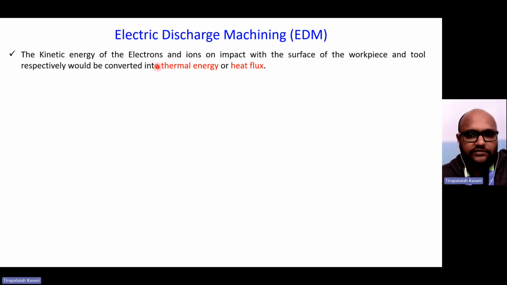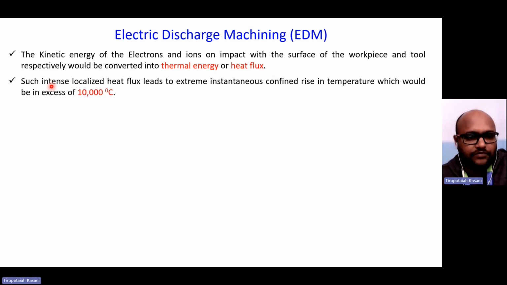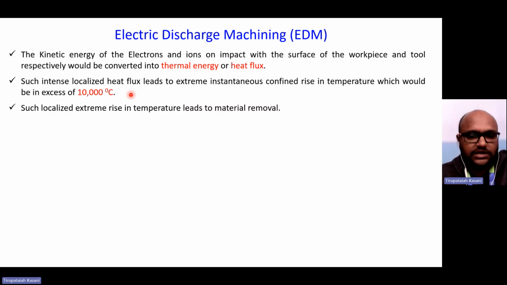The kinetic energy of the electrons and ions on impact with the surface of the workpiece and tool respectively would be converted into thermal energy or heat flux. That is what we discussed. Such intense localized heat flux leads to an extreme instantaneous confined rise in temperature, which would be in excess of 10,000 degrees centigrade.